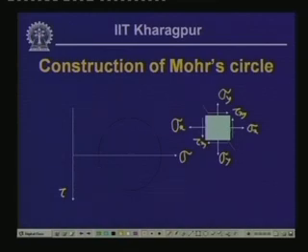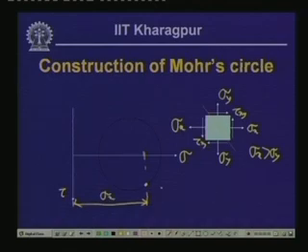Thereby, the positive normal stress and positive shear stress on this plane, sigma x and tau x y, if we represent on this Mohr's plane, and let us assume that sigma x is greater than sigma y, then the plane represented by sigma x and tau x y is this particular point, where the normal stress is sigma x and the shear stress is tau x y.